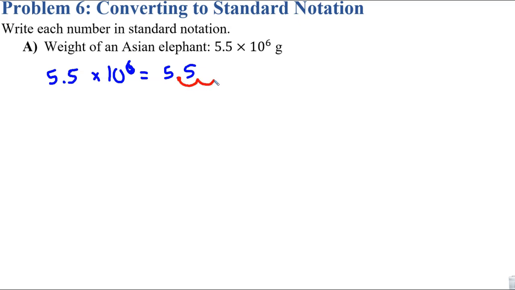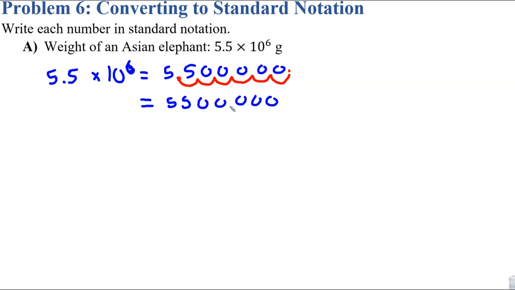So 1, 2, 3, 4, 5, 6. And we'll put zeros in between each of those spaces it moved. So I could write this as 5, 5, 0, 0, 0, 0, 0. We'll fill in our commas, and we ended up with 5,500,000 grams for this one here.